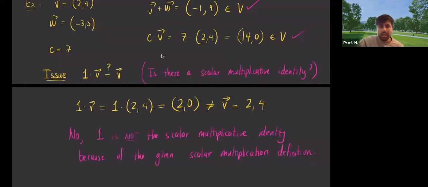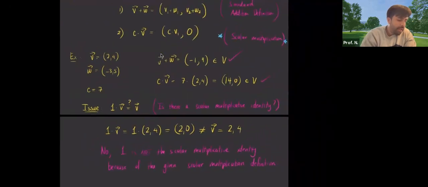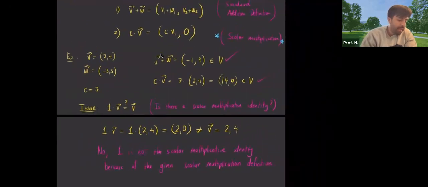Does everybody see that? Isn't that more so an issue with the properties, not with this particular example? The problem is that the last axiom for a vector space is not met with this scalar multiplication defined. The problem is the scalar multiplication, the way it's defined.